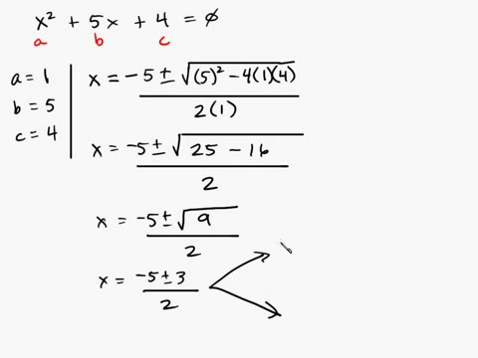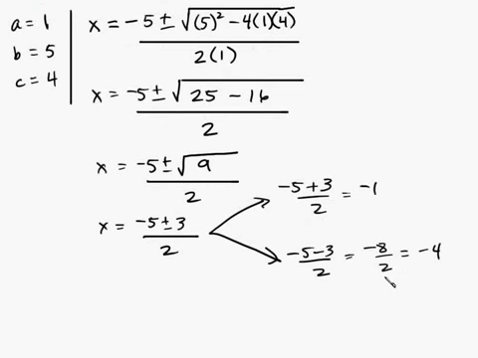You get x is equal to negative 5 plus 3 over 2, or negative 5 minus 3 over 2. Negative 5 plus 3 is negative 2, and negative 2 over 2 is negative 1. And negative 5 minus 3 is negative 8, over 2, which is equal to negative 4.